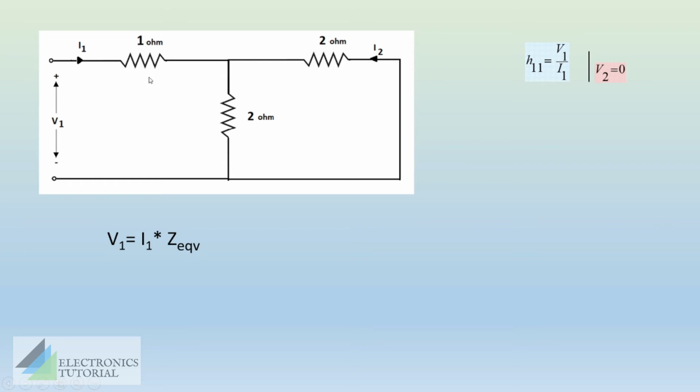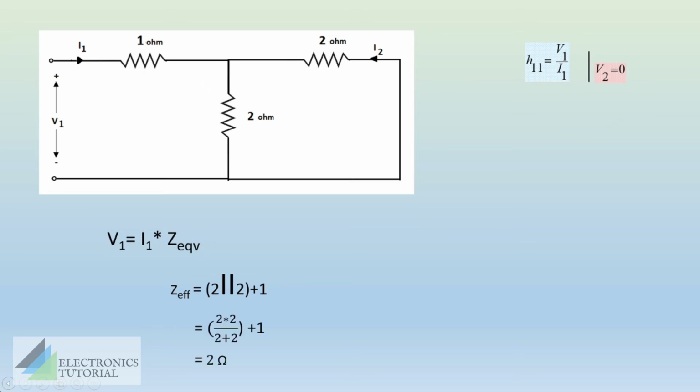The 1 ohm is connected to this parallel combination at this point, and here it is not connected, so this will be a series connection. The effective impedance can be calculated as 2 parallel 2 and that combination in series with 1.